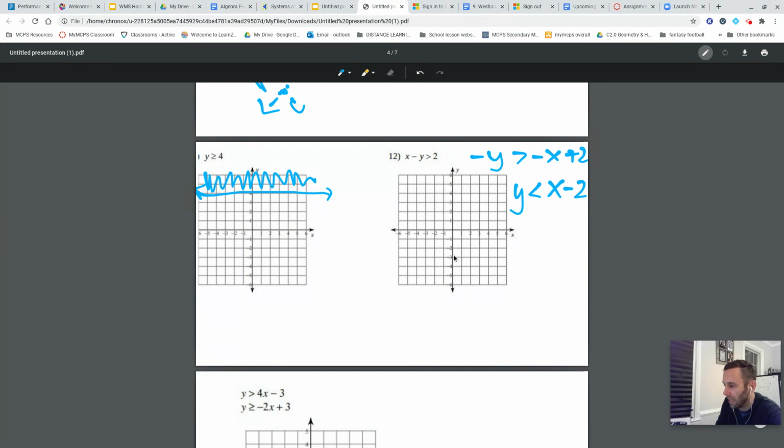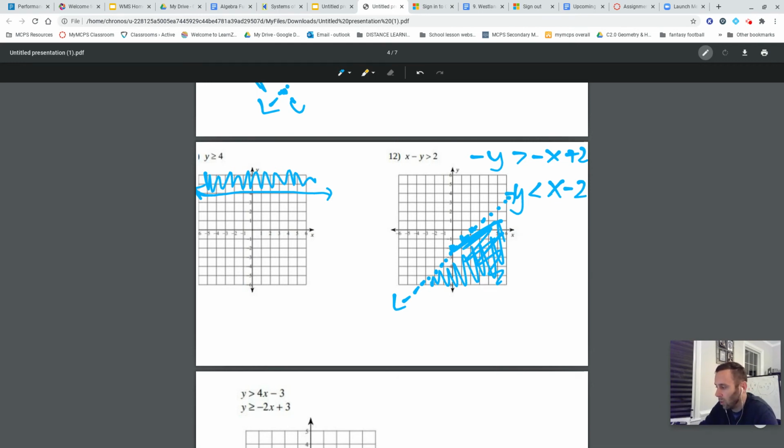So the y-intercept is negative 2. And it's a 1 in front of the x, so it goes up 1 over 1, up 1 over 1, and so on. It's going to be a dotted line because it's just less than, and it's all the stuff below the line. And there's your answer.